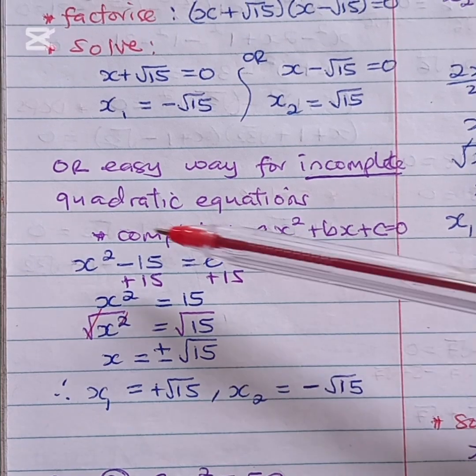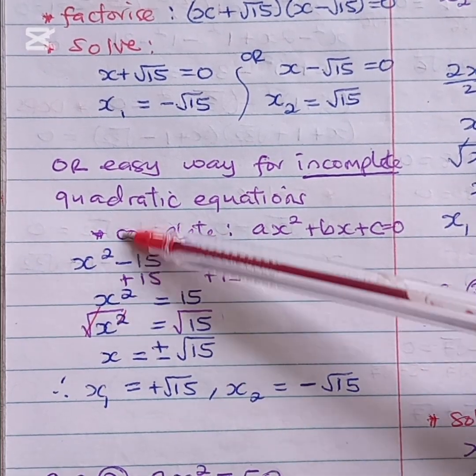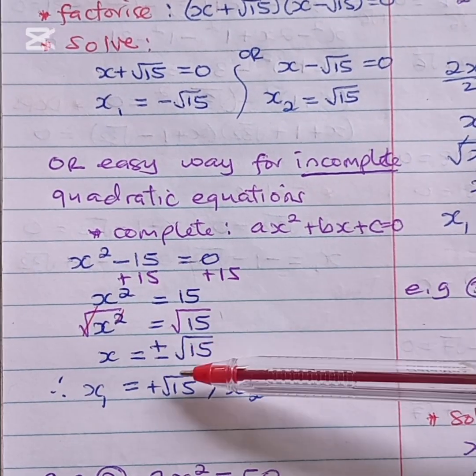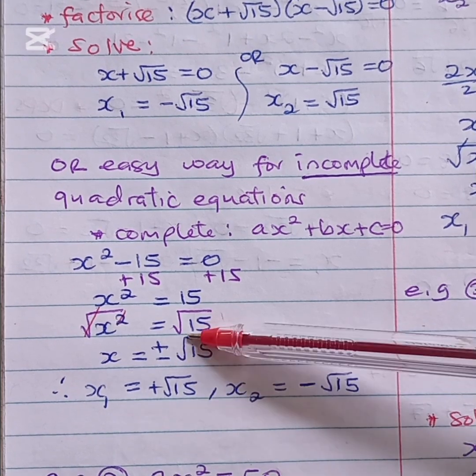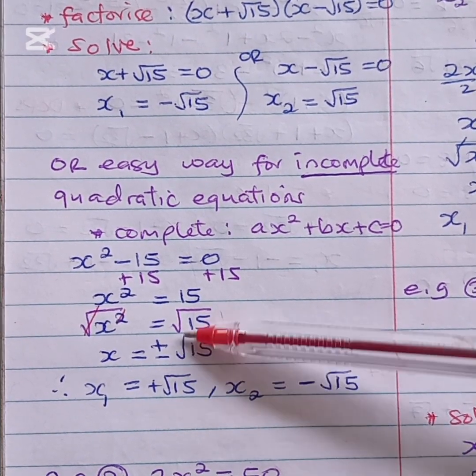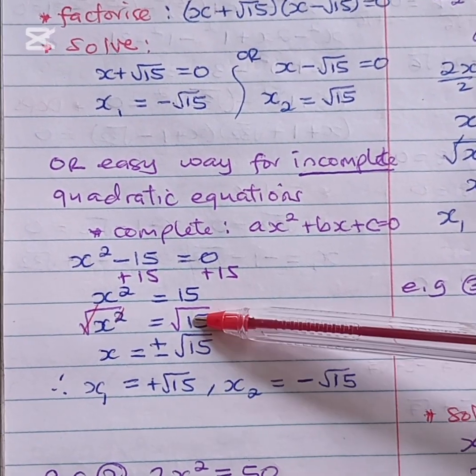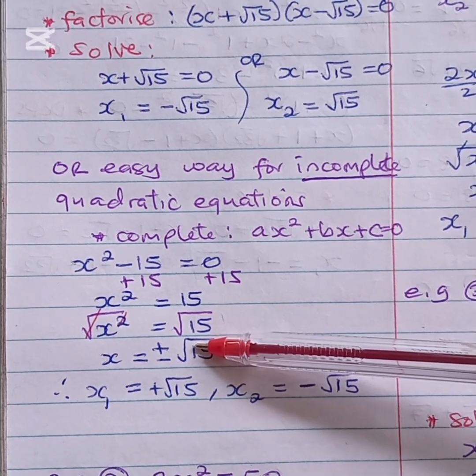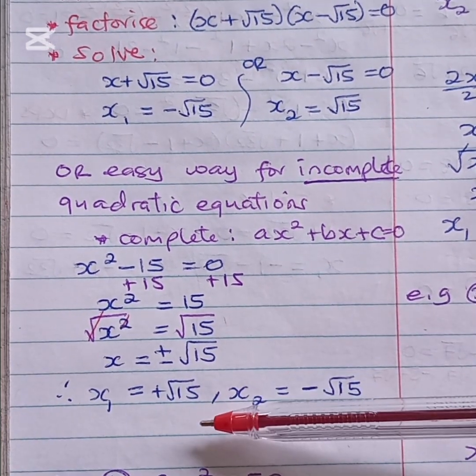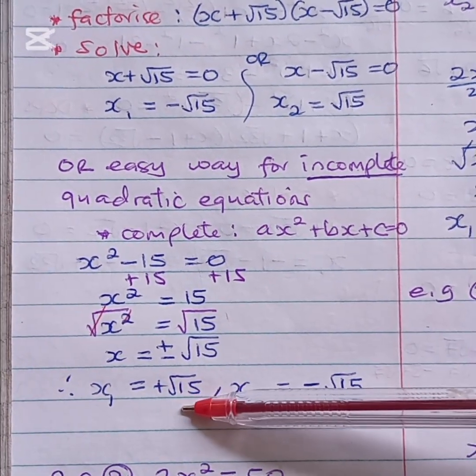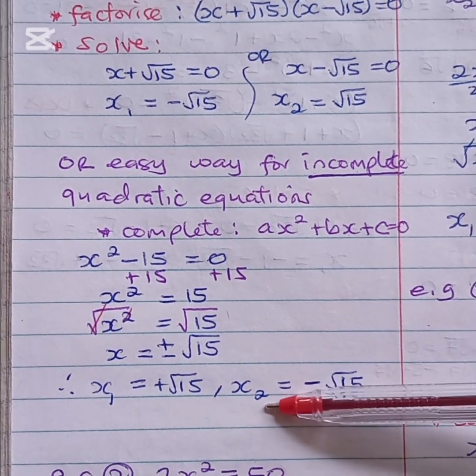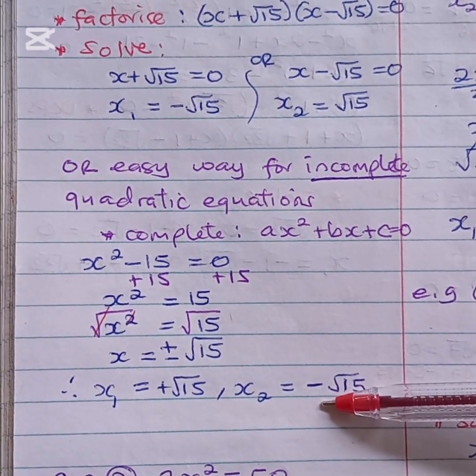Take note, the highest power of a quadratic equation is 2, so we expect the highest possible number of solutions to be 2. So if it's a square root, that's a positive square root and a negative square root. So x1 is positive square root of 15 and x2 is a negative square root of 15.